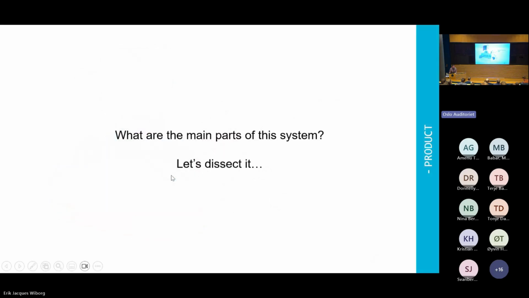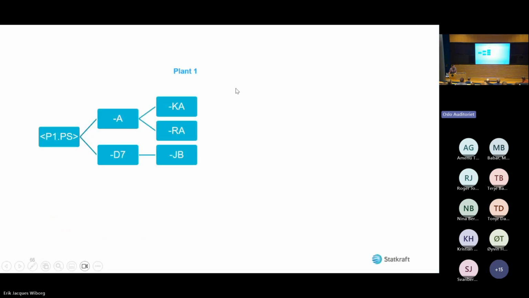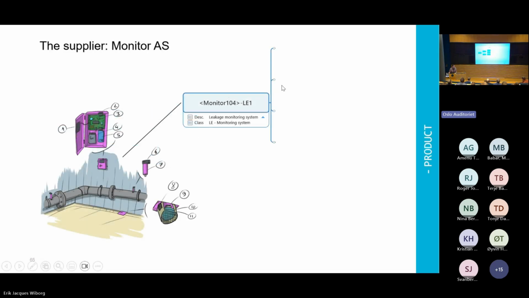And so if we start with the product aspect, we want to identify the different parts, the different components. From the supplier's point of view, also note that here is an example of how the structure is going to be made from the monitor's point of view, and that means that we're not starting on a prime system, a one-letter code, because it's going to be implemented in something bigger.